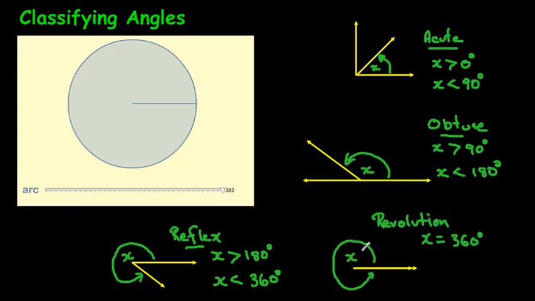And finally, the angle that goes completely around, because it's a full circle really, we call that a revolution, which is what we have as a circle, an angle here. That is a revolution, 360 degrees.